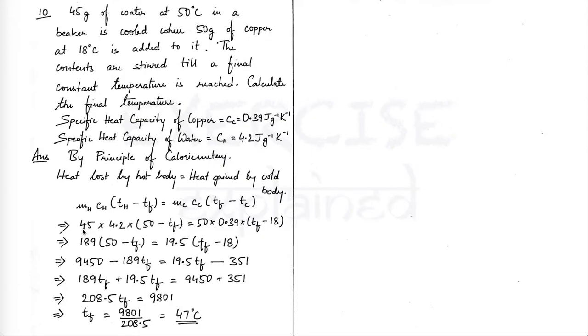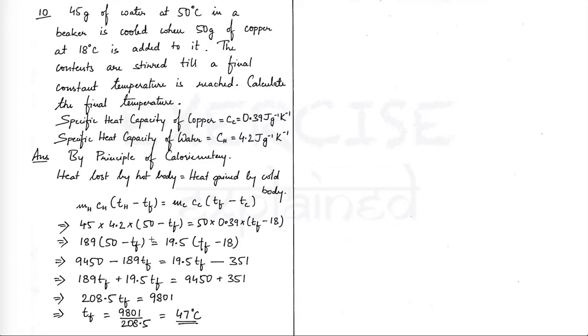So we get 45, that is mass of hot body, which is given here, into 4.2, that is specific heat capacity of water, you can see it is given in the question, into 50 minus TF, because the temperature of hot body is given as 50 degrees Celsius here.